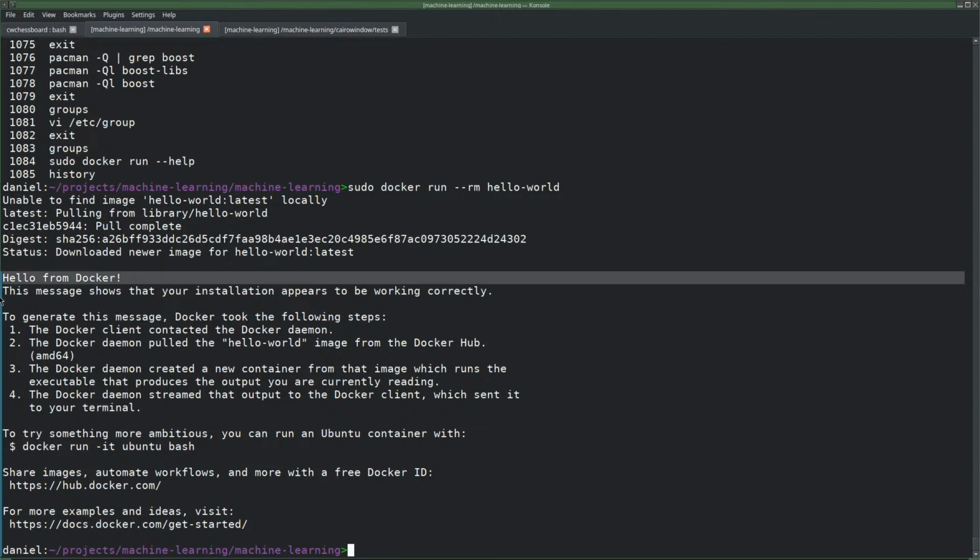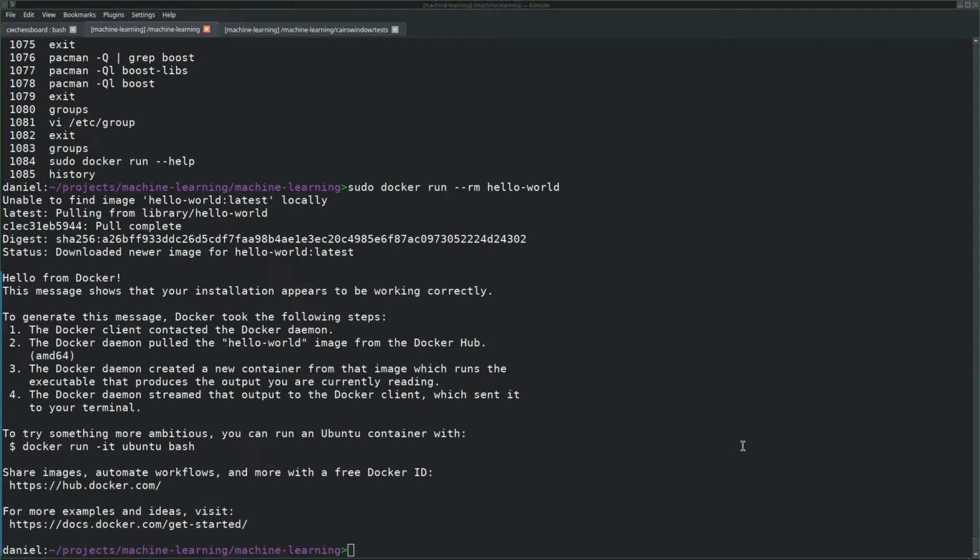No. Nothing is interactive, you know? It just dumps me back to my own prompt. I'm not inside Docker now. That's okay.